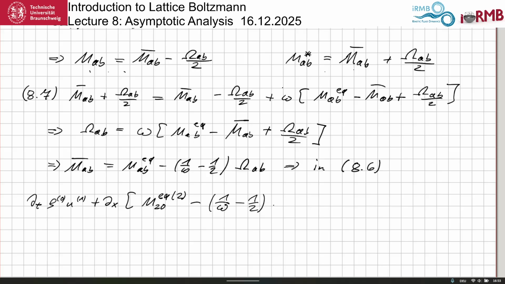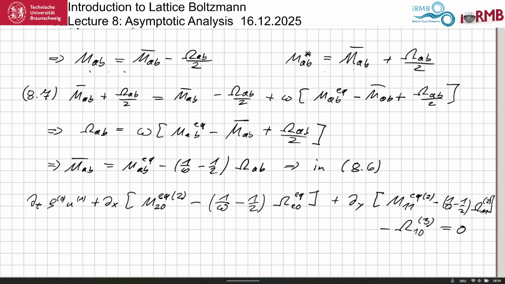So this is this part, and then comes omega 20 equilibrium plus dy M11 equilibrium to second order, minus 1 over omega minus 1/2 omega 11 second order, and all of this minus omega 10 to third order, and all of this is equal to 0.